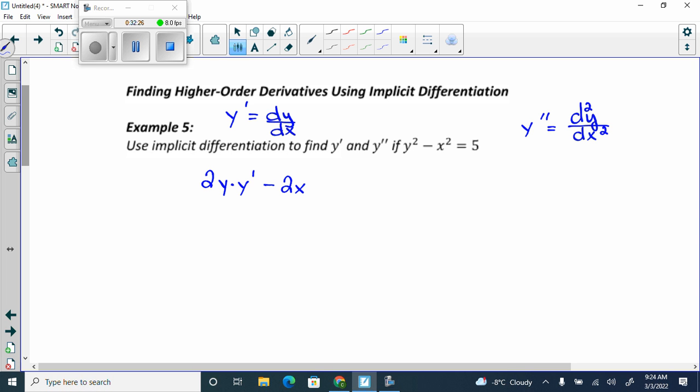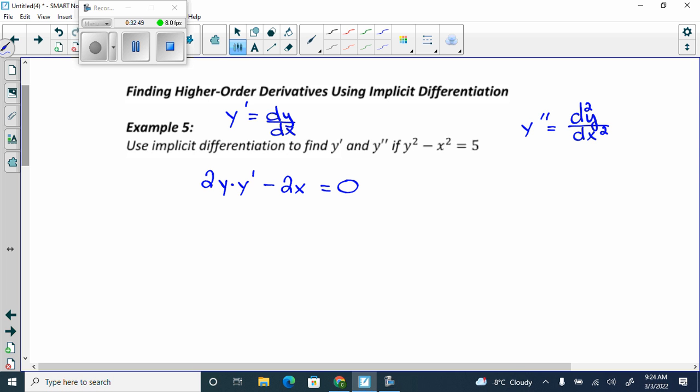Then people will try and write x prime, but there's no such thing. And then it equals, derivative of 5 is 0. Now I'm going to tell you where people often go wrong on this question, and I'll even do it by accident: you're going through it mindlessly and you leave the 5 as a 5 instead of turning it to a 0. So just make sure you don't do that.